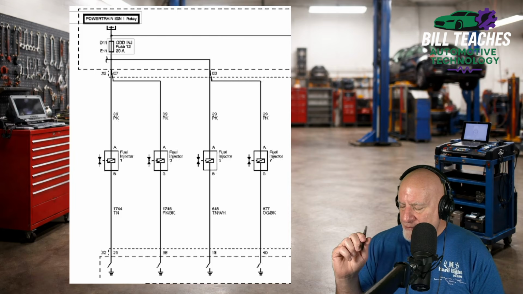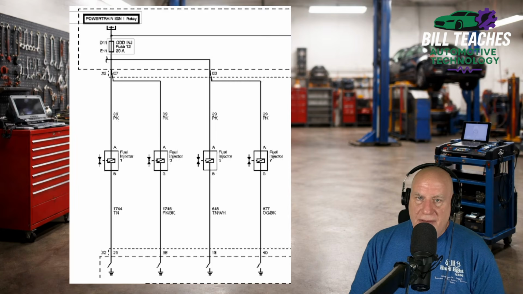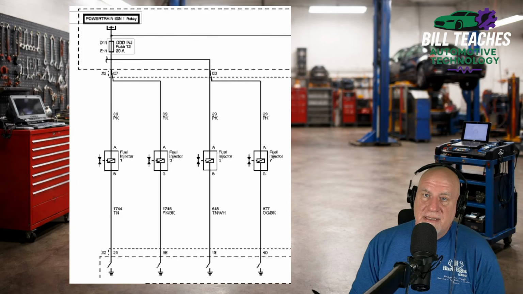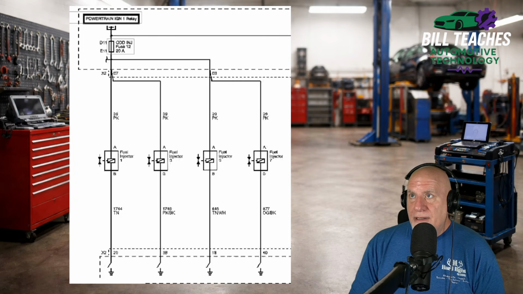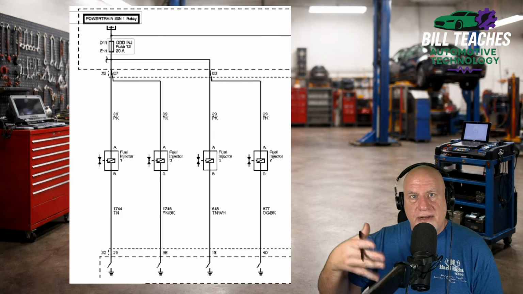Okay, shorts to ground. So let's look at a short to ground on the ground side. All right, so let's say that this happens fairly often in a bunch of different circuits. So if you think about all the metal things, metal brackets, the engine block, transmission, there's a lot of metal things that wiring harnesses can rub on.